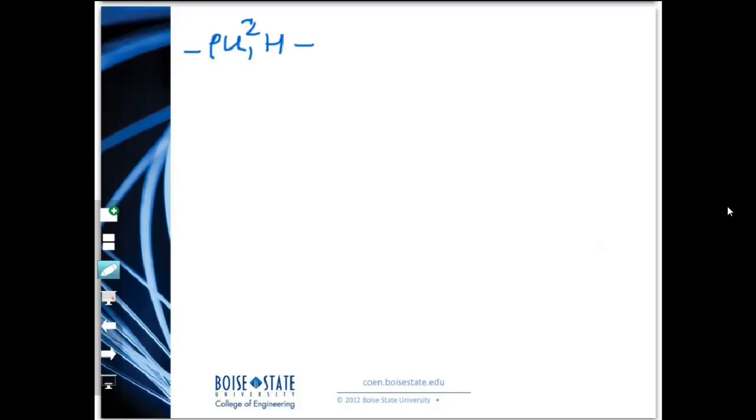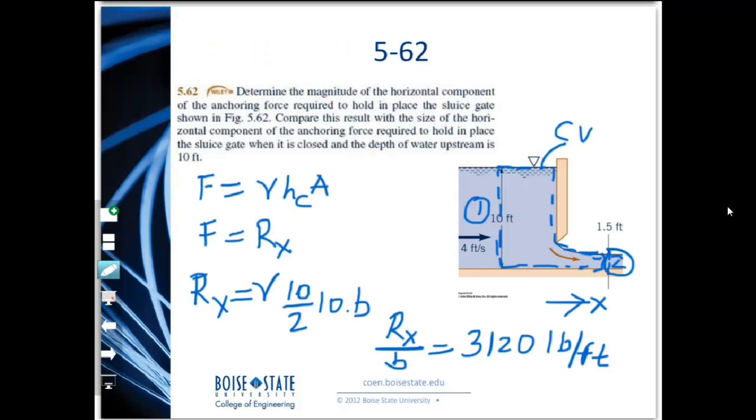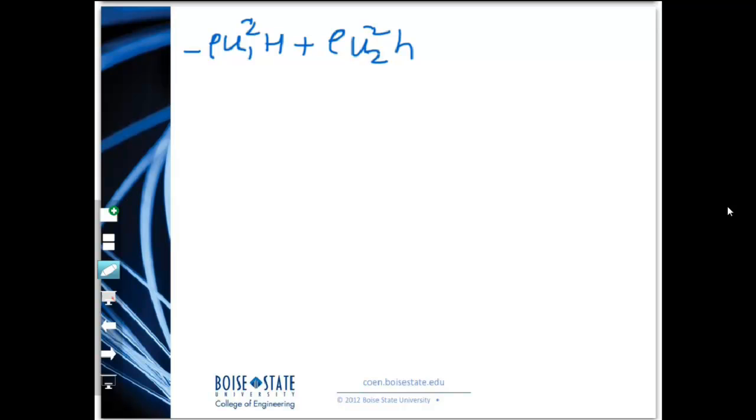Okay, and then at section 2, it will be rho u2 squared times h, where h refers to the small height here, which is 1.5 feet at section 2. Okay, and this is similar to the convention used in the example.